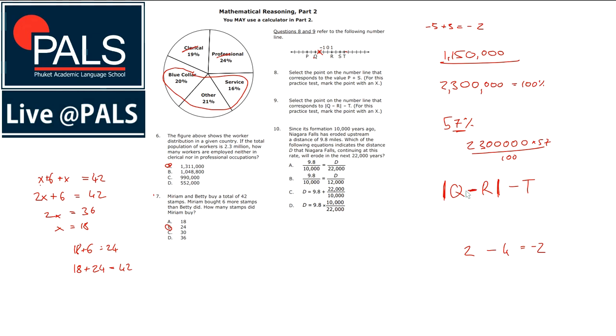So we actually just do our calculation normally in here. So we do minus 3 minus 1, which is equal to minus 4, yes.